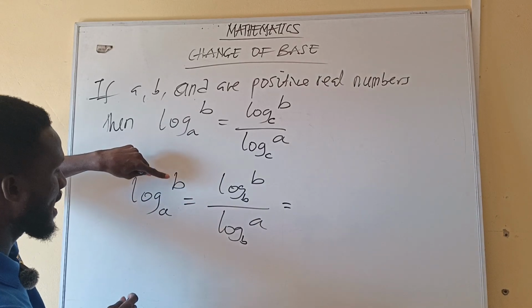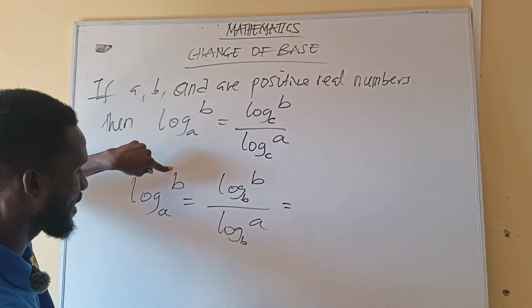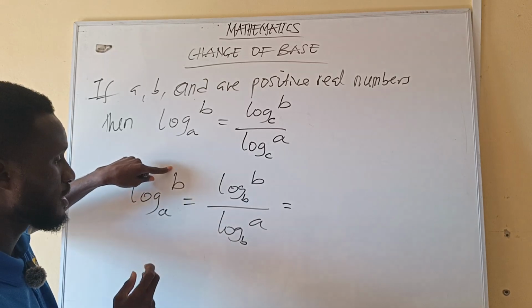You understand? If the B is coming here and the A is going there, then it means I'm changing the base to B.